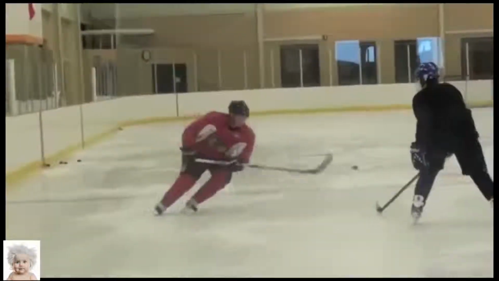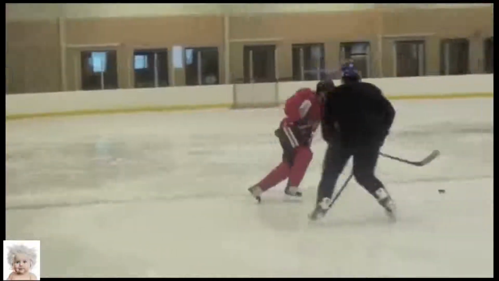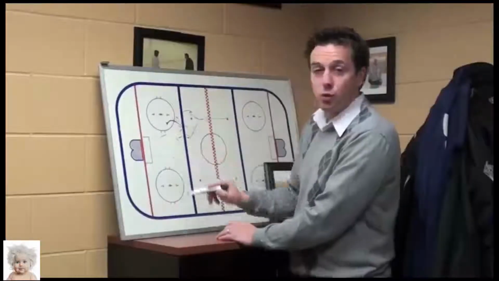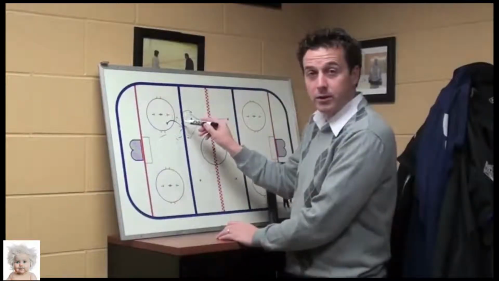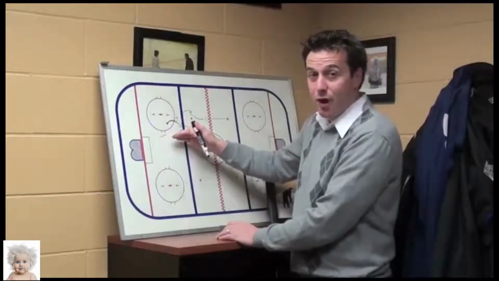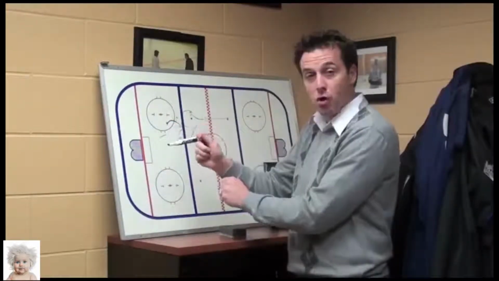Or you could also fake towards the inside, which would pull him further towards the inside, and then give yourself a chance to go to the outside. When you cut back to the outside, you can see how your angle towards the net would be much more effective, and that's just by coming down the dots. Just pulling him to the inside by 5 feet creates a much better shooting angle, especially if this guy's on his strong side.